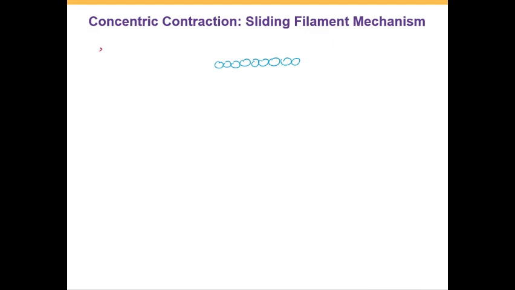Just imagine that right now we have calcium in the cytoplasm, and we have the myosin head attached to the actin. So we can call this step the attached state. When myosin and actin bind together, we call this the cross bridge.